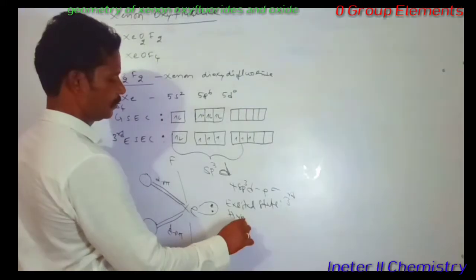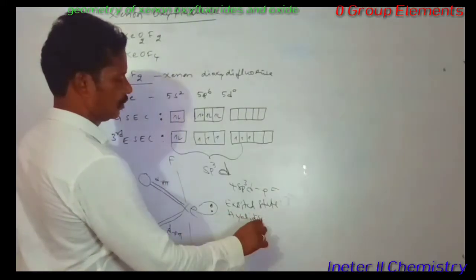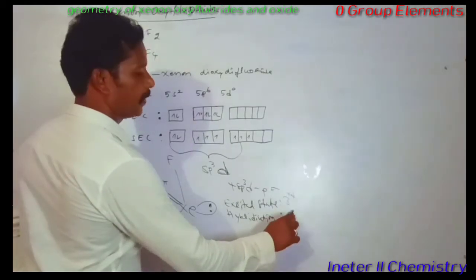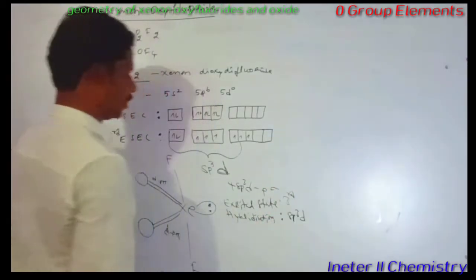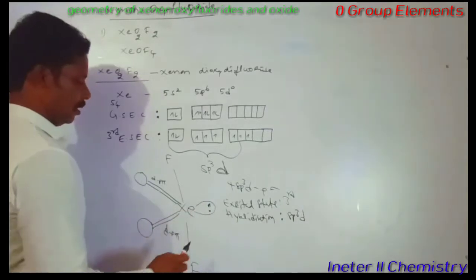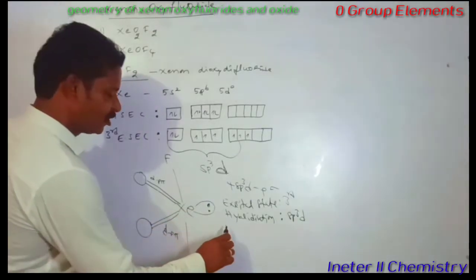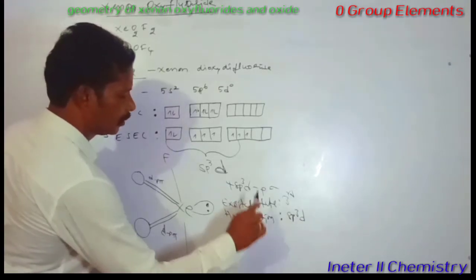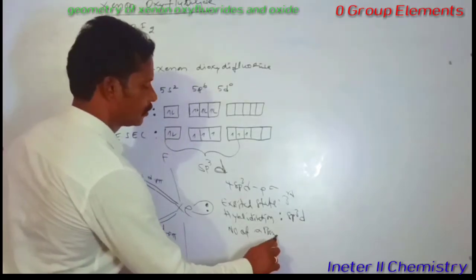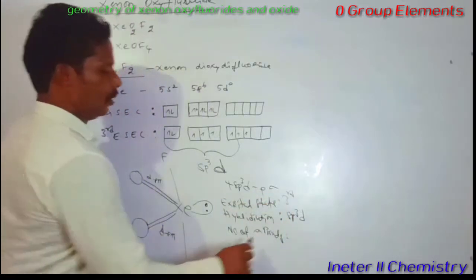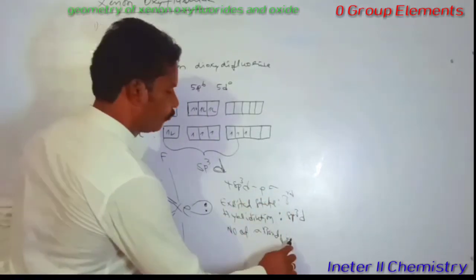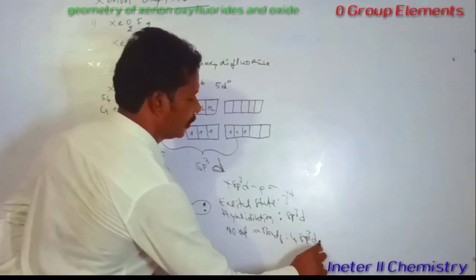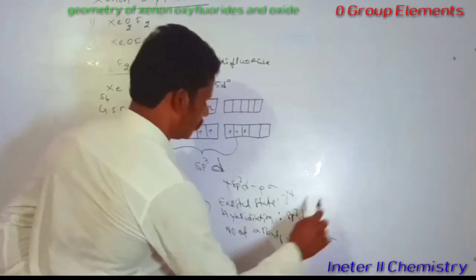Hybridization: sp3d hybridization. Next, number of sigma bonds: totally 4 sp3d-p sigma bonds.